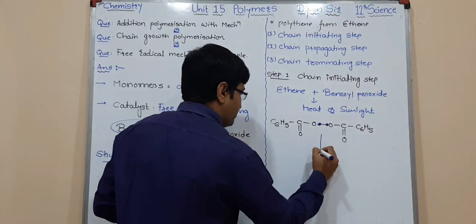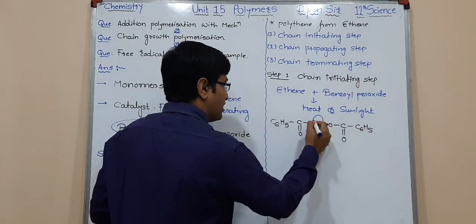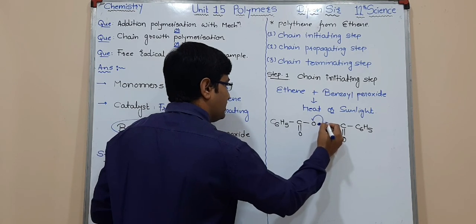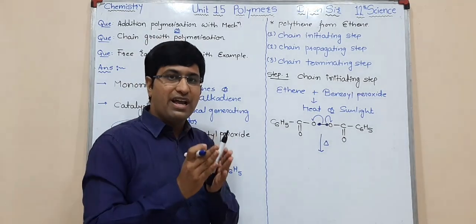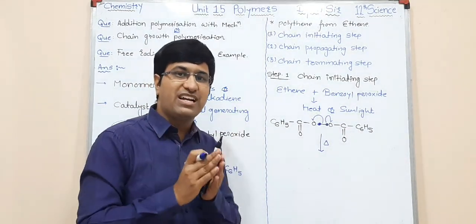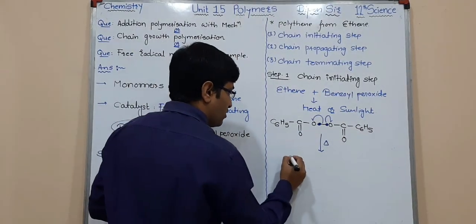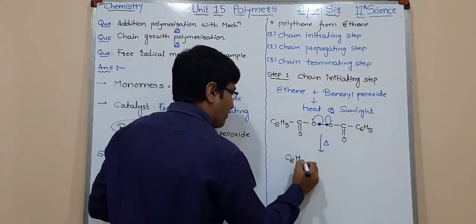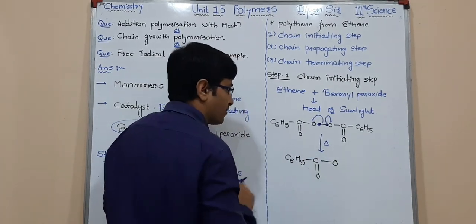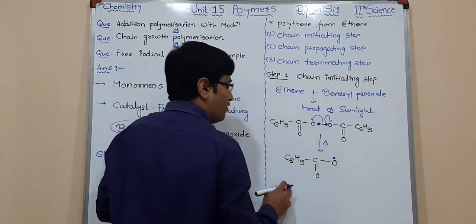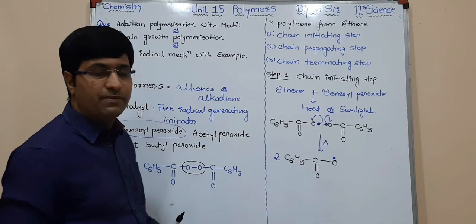Because of the heat, the homolytic cleavage takes place and both oxygens receive their own electrons by cleavage of the bond. So that's how C6H5, C double bond O, O free radical forms. Two molecules of free radical form.